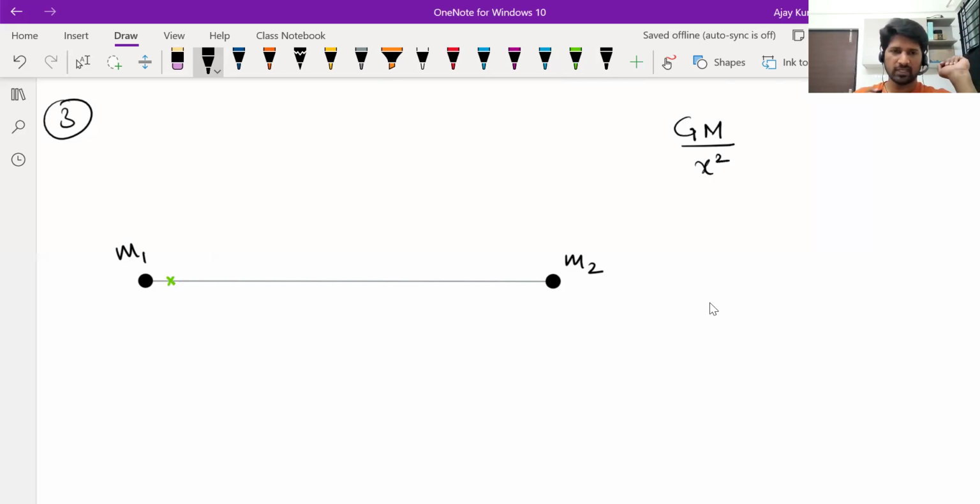So you take a point very close to m1, m1's field there will be very strong because the point is very close. Other than Vanilla, any one of you tell me, what is the direction of field produced by m1 at this point? Just the direction. Sir, towards m2. Gravitational field is always attractive in nature. I'm asking field produced by m1.